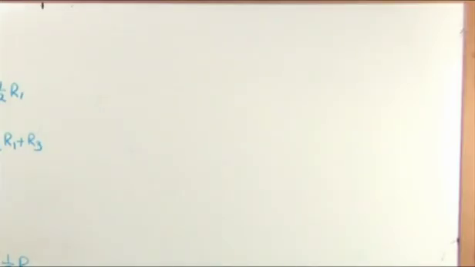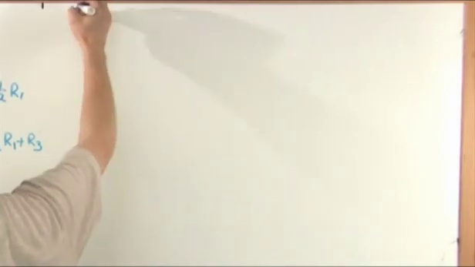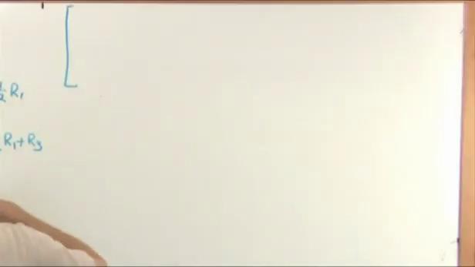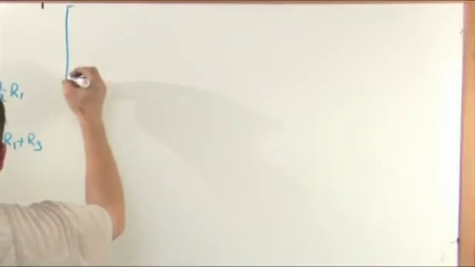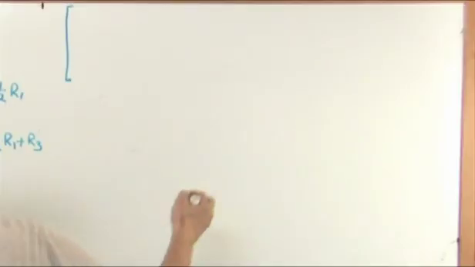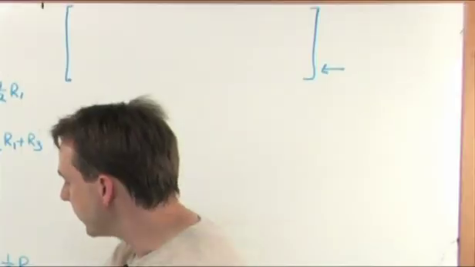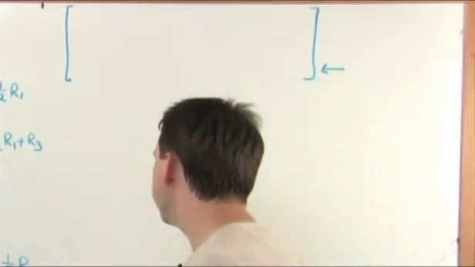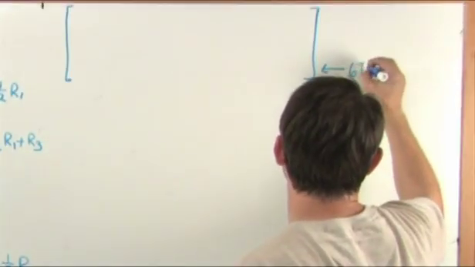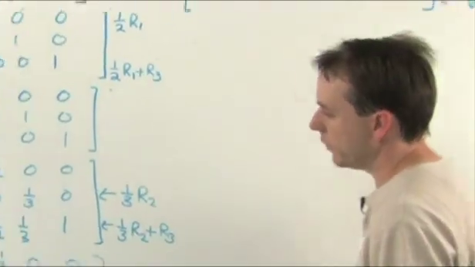So we're going to have this matrix. On this third row down here, we want to make this into a 1. The easiest way to do this is to multiply by 6. 6 times row 3. That's going to make him a 1.